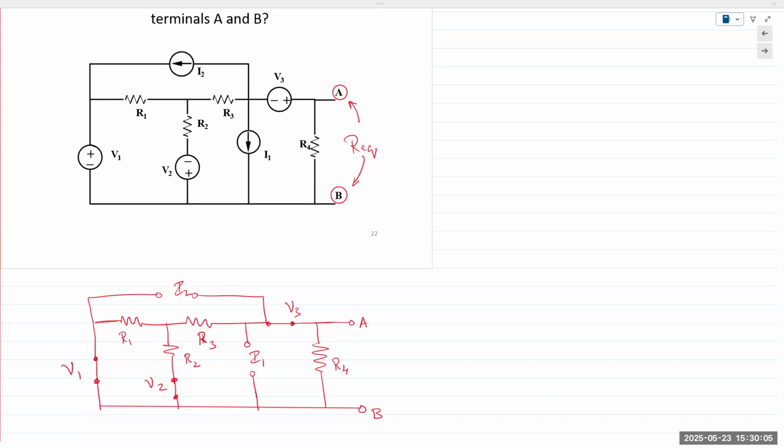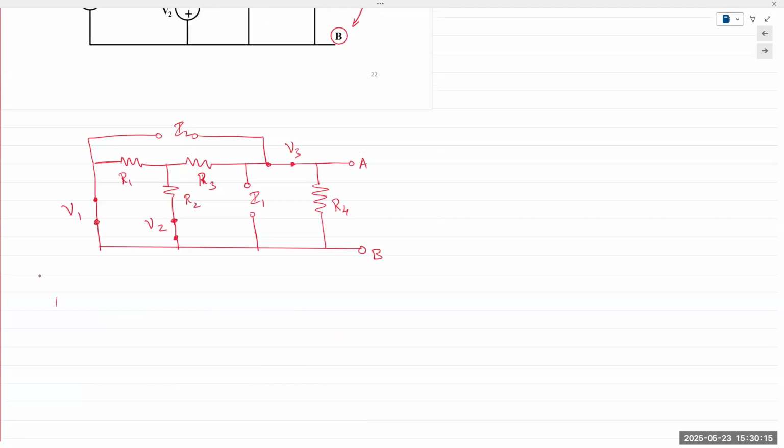Combine in series and parallel, determine Req. So in this case, Req is equal to RAB measured between A and B. And what do we obtain?